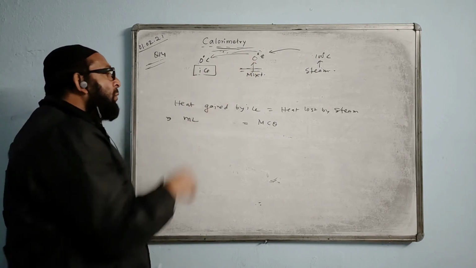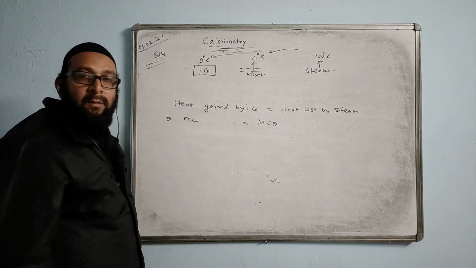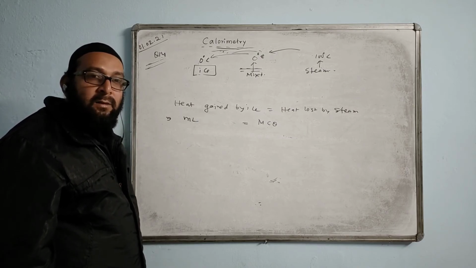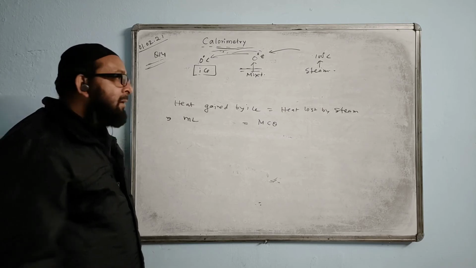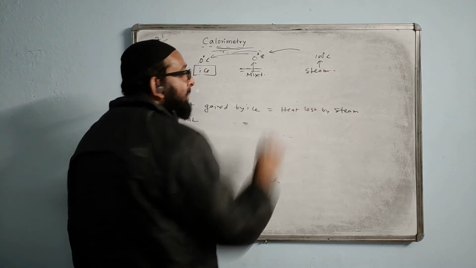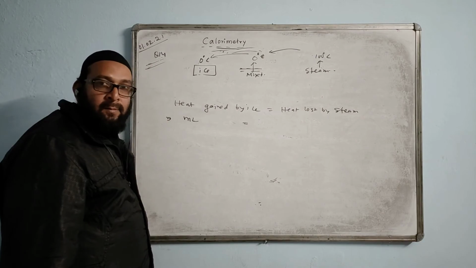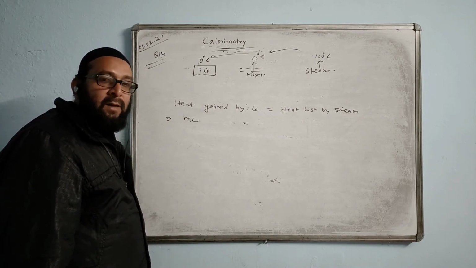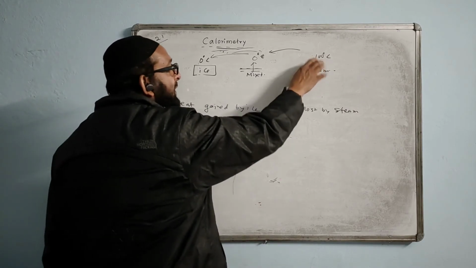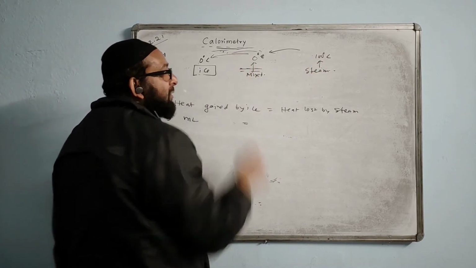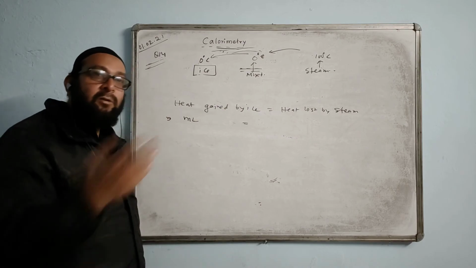Ice to 0 degree water, what will be there? Only mL? Yes? Other side, what will happen? Give me the idea of the other side. You have steam of 100 degrees Celsius which is changing to water of 0 degrees Celsius. You think it will directly change to water of 0?